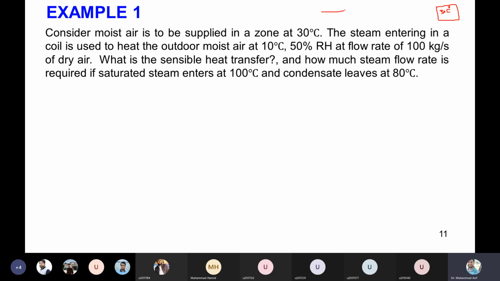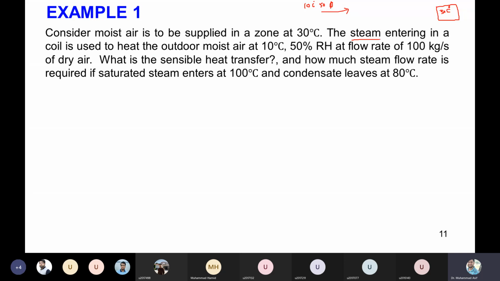So the outside air is much cooler, and we need to heat that with the help of a steam coil.